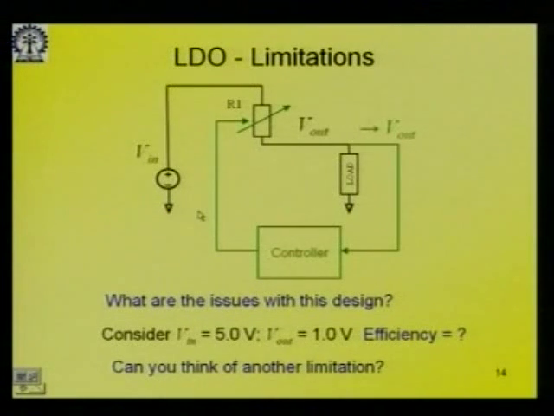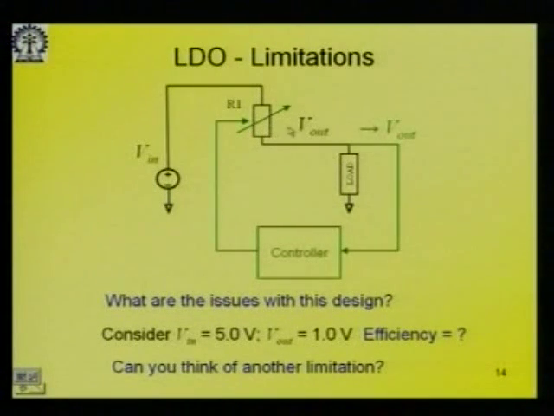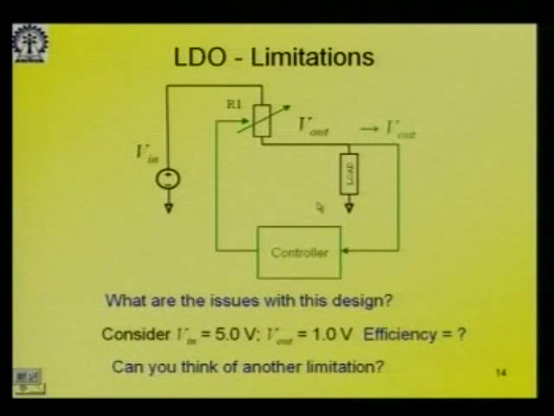But what are the issues? There are some very interesting issues. Suppose our input voltage is 5 volts, and we want 1 volt here. What do you think will be the efficiency of the circuit? The efficiency will be quite low, because of a very simple concept: if you have 1 volt here, then you will have a 4 volt drop here, and these two are in series, so they carry the same current.